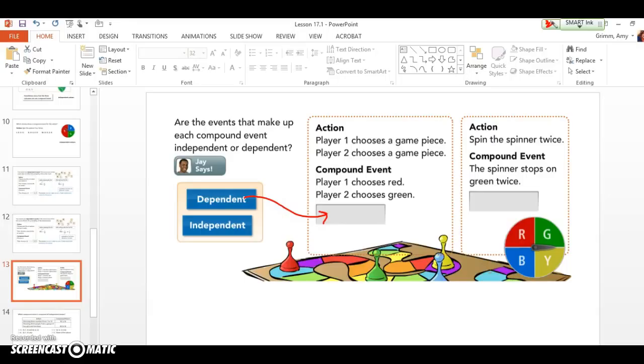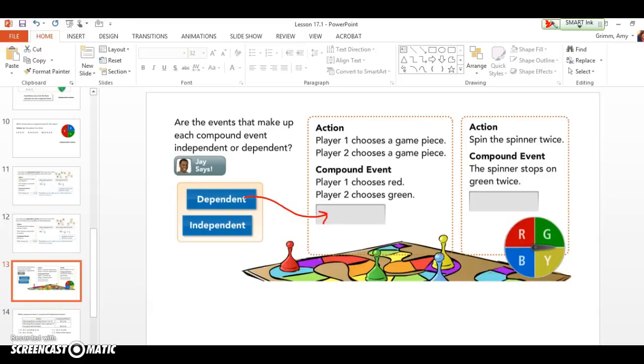Yeah, red's gone, right? If I'm playing Sorry, because that's what this reminded me of. You guys played the game Sorry. If I choose to be red, you can't be red also. You now have to choose something else. So you are dependent on me, whatever I just chose. So that's exactly right.